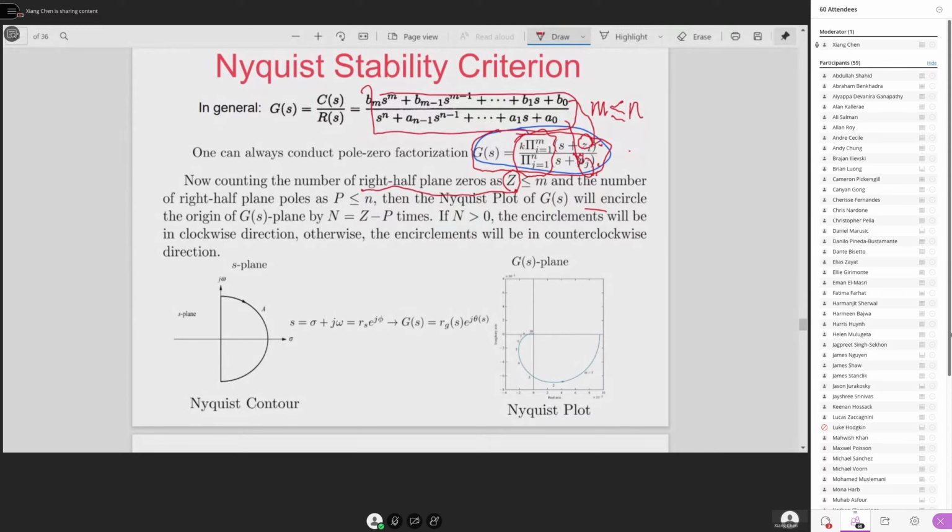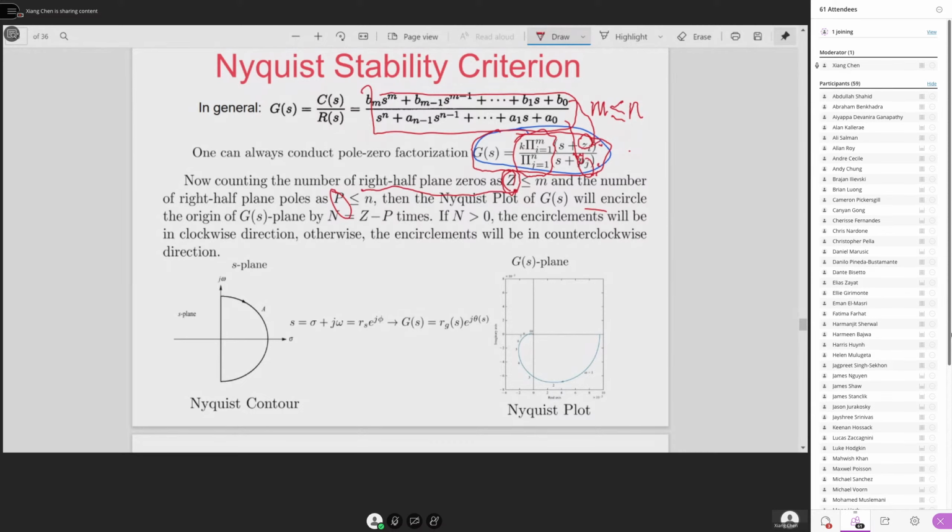Apparently, this Z should be less than or equal to m, because the maximum possibility is that all zeros are in the right half plane. Otherwise, it's going to be less than m. Then I'm going to use the symbol P to indicate the number of right half plane poles. This P must be less than or equal to n, the maximum. Okay, so we just do the counting.